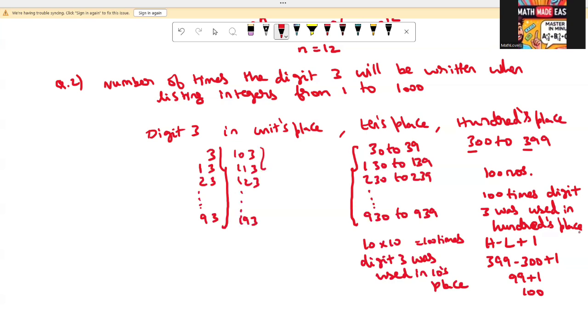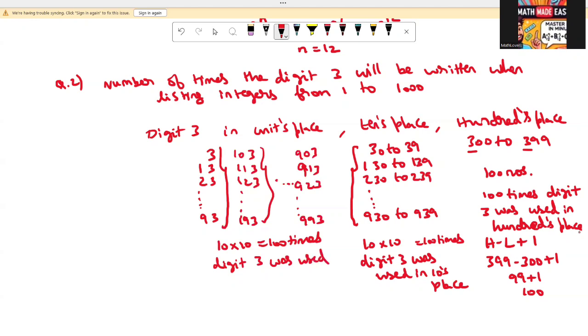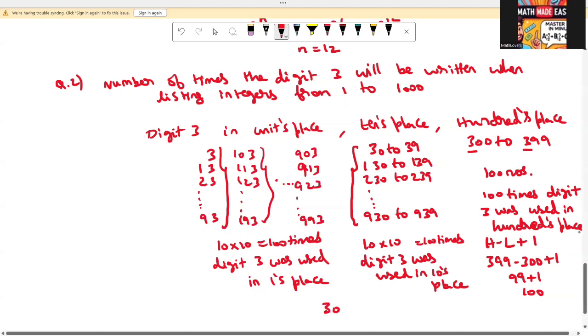So like that, there will be sequences till 903, 913, 923, so on till 993. So again here also it's 10 times, 10 sequences, so 100 times digit 3 was used in ones place or units place. So totally 100 plus 100 plus 100 makes it 300 times. Is that clear, students?